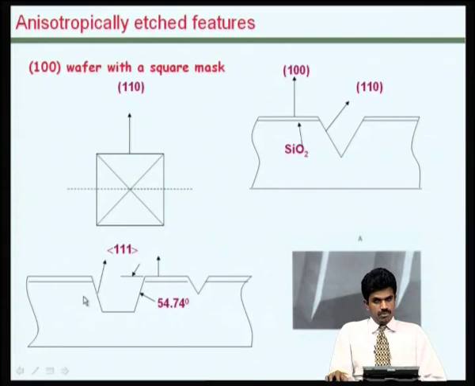How does it form? Once this window is defined, as the chemical reaction begins, we get the top surface to be removed, but the last atom over here, which would eventually belong to this 111 plane, is very strongly bonded by atoms beneath it.